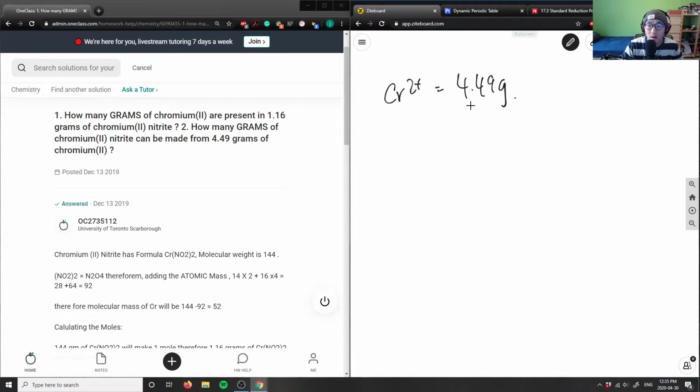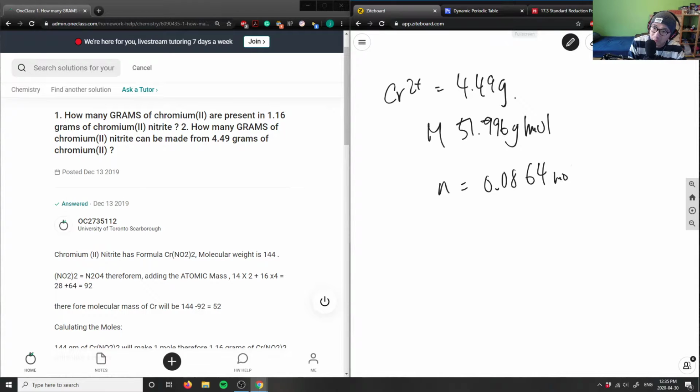And I can convert this to moles by dividing by the molar mass, right? I know my molar mass here is 51.996 grams per mole. So my moles here would be 4.49 divided by 51.996, which would give me a value of 0.0864 moles here, right? So this here is my moles of chromium.